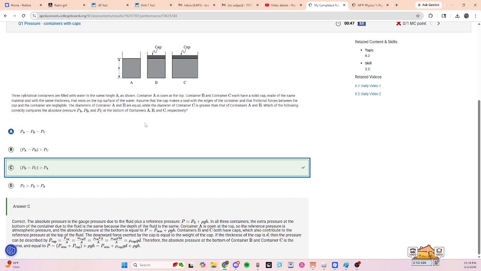But I thought since A is... yeah, the reference pressure is atmospheric pressure, and the pressure at the bottom is equal to this plus this.